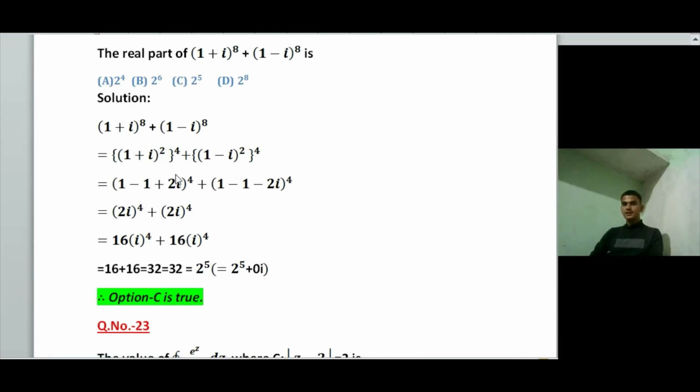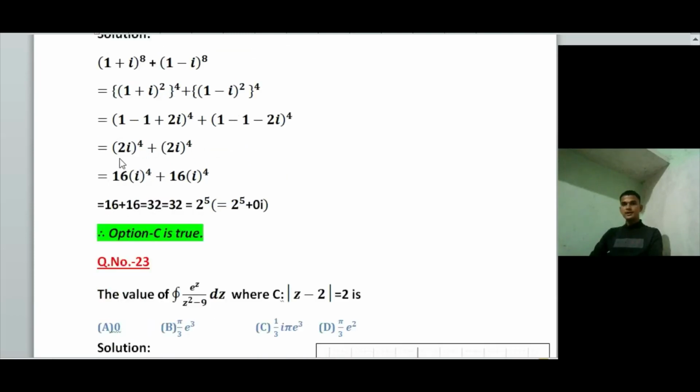So a square is 1, i square is minus 1, plus 2 into 1 into i, and a square plus b square minus 2ab, so minus 2 into 1 into i. So 1 cancels, 1 cancels. So it became 2i to the power 4.